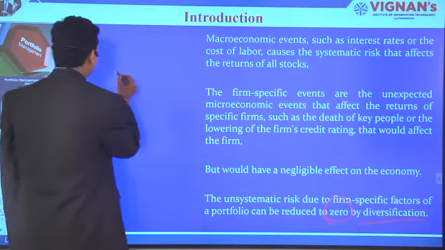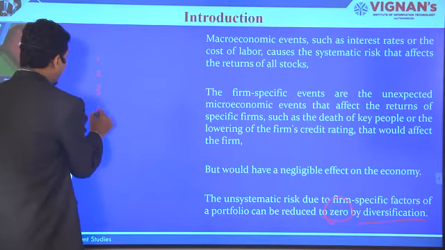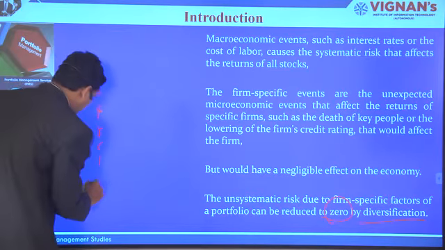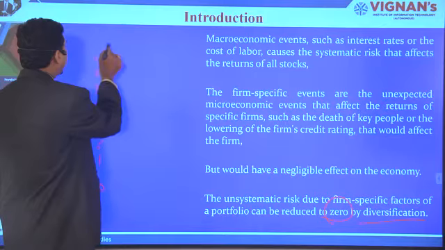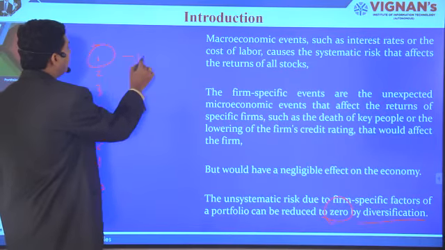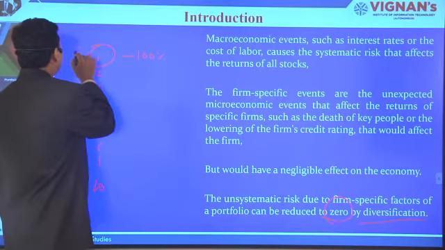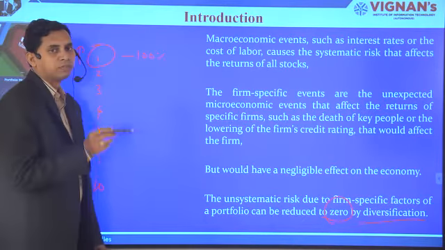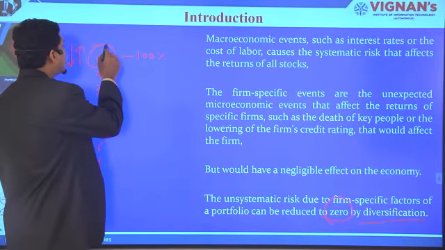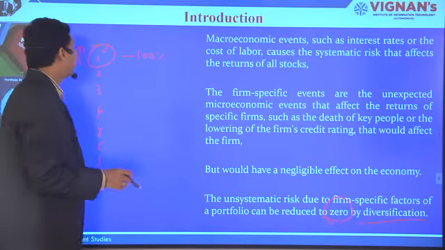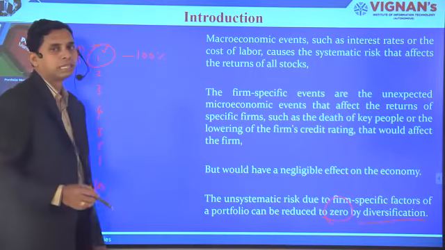Let me explain this concept with a small example. Let's say you are going to invest your money into a particular portfolio consisting of 10 stocks. If you invest your entire money, 100%, into only one stock, then if this stock increases or decreases, and any news regarding this stock comes out, your change in return can be to a greater extent.